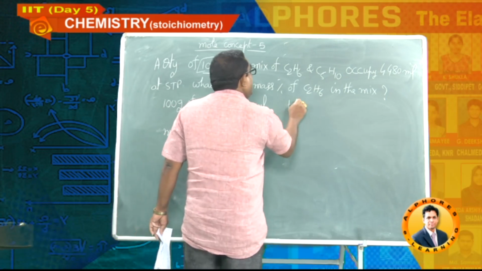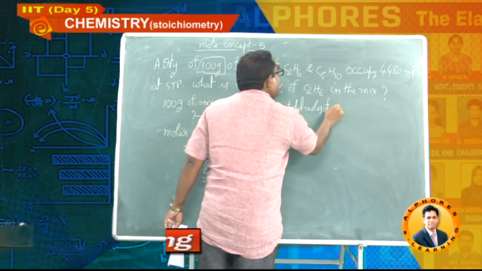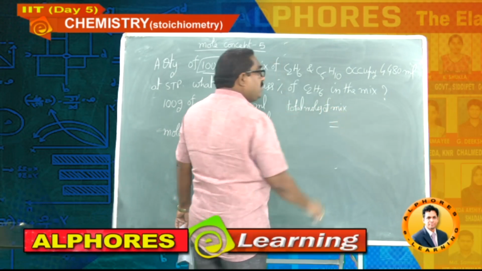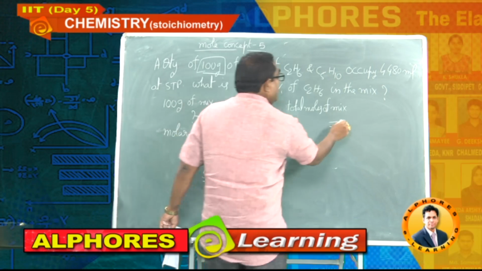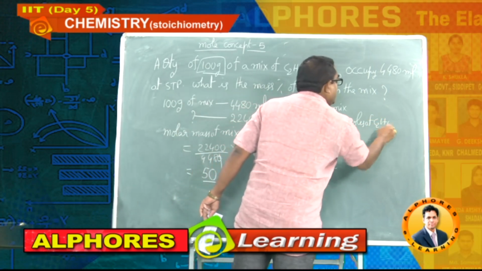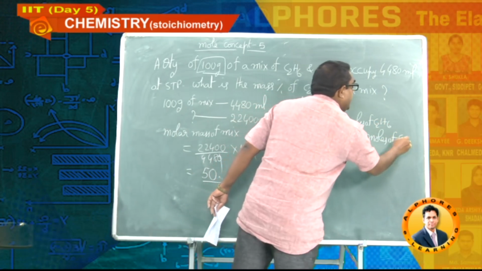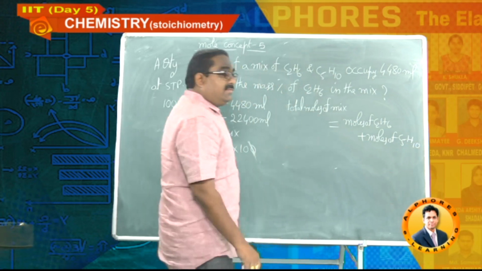I am writing the relation. Total moles of mixture is equal to moles of C2H6 plus moles of C5H10, students.